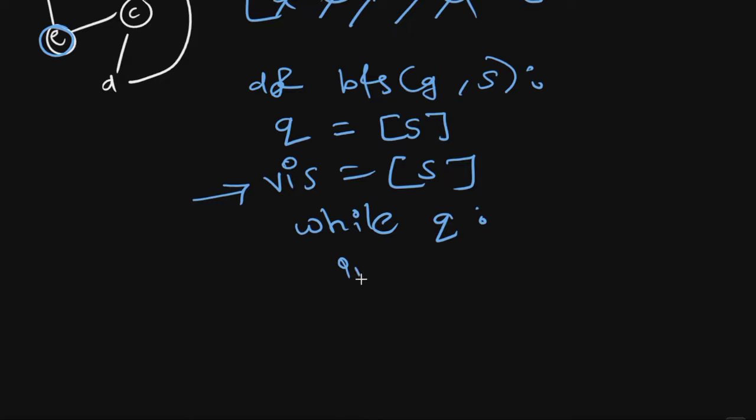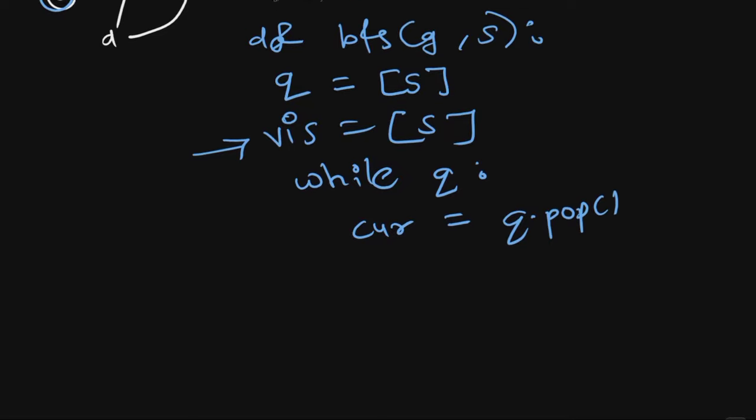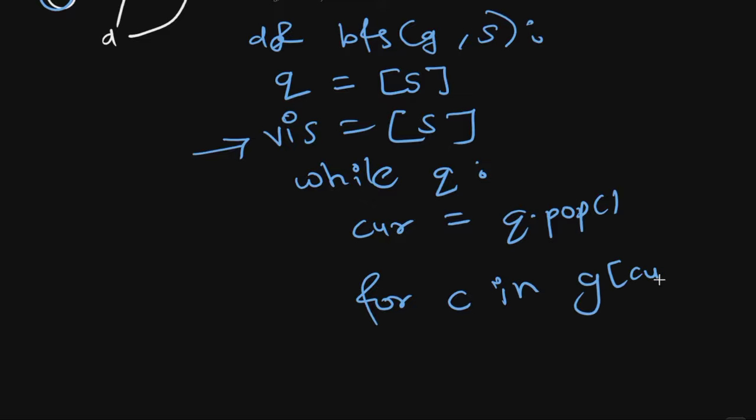Python is dynamically typed. So current equals q dot pop, removing the first element. Then for all the children in this current, so for C in graph of current, something similar to what we did in DFS.